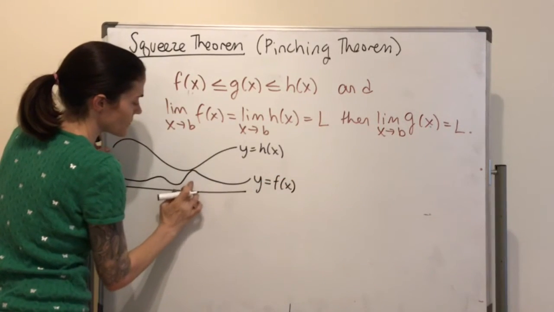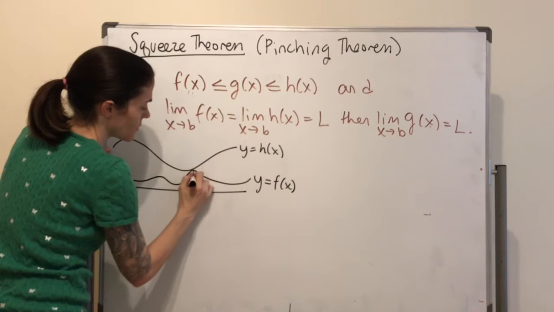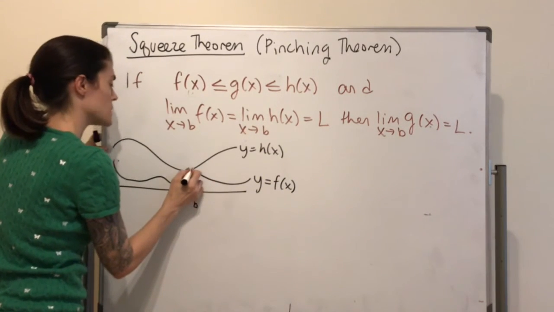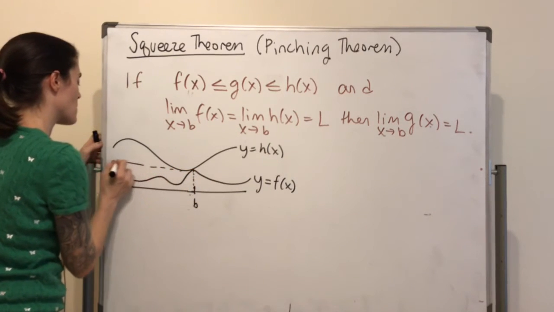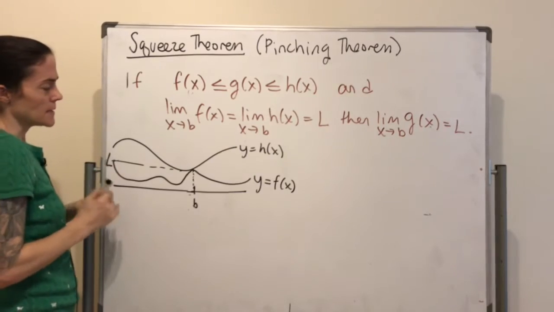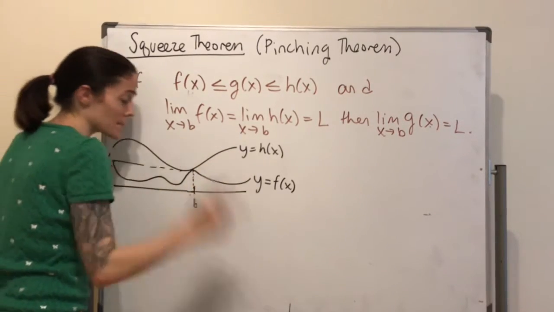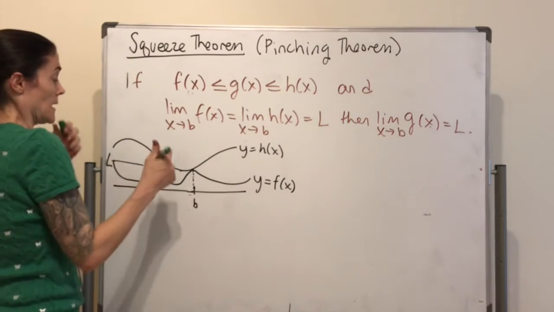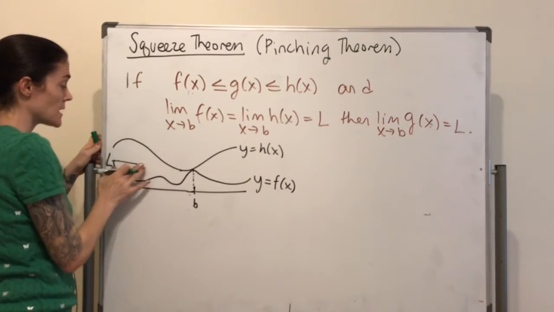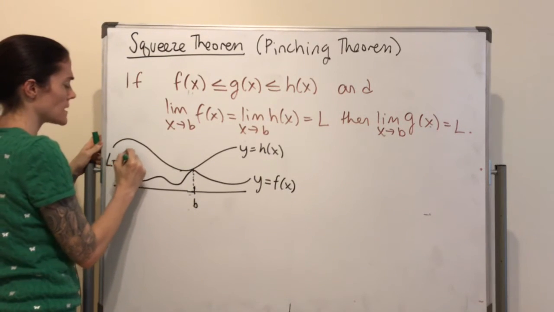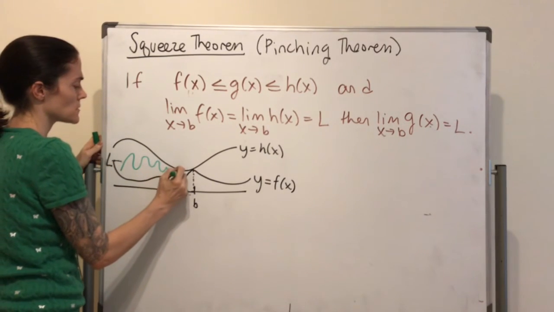Okay, these both have limit, well, here will be b, and this will be here. Here is y value L. So you have one on the top, one on the bottom, and you know something about these two limits and these two functions. Then we have g of x, and who knows what it does, but it sits in between these.